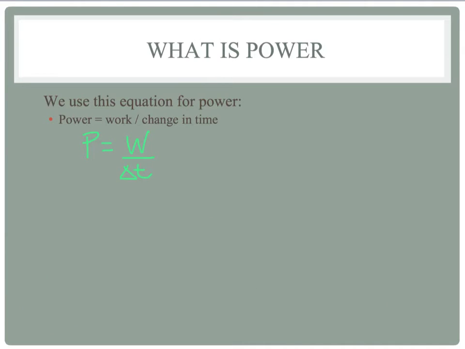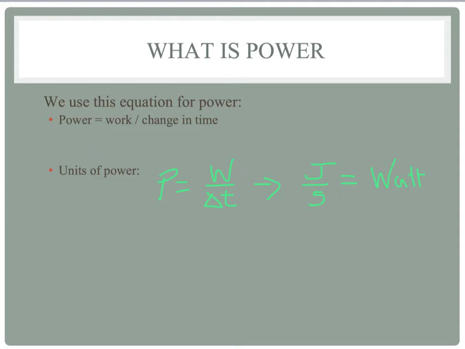So I just used the units of power, but let's take a look at it more. Power is work divided by time, as you saw from the last example. Now if we plug in our units, we know that the joule is the unit of work and seconds is the unit of time. And what that gives us is a new derived unit called the watt.